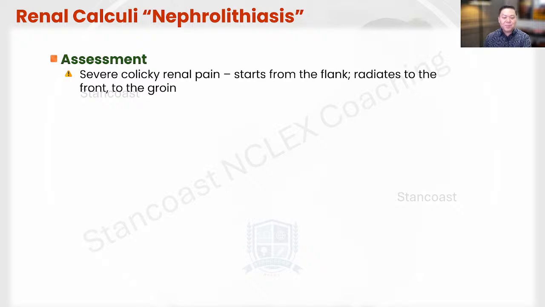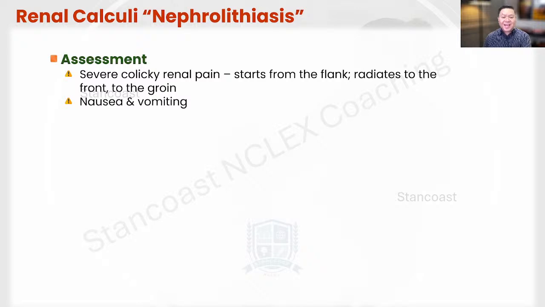This is a pain that is really associated with the passing of a kidney stone in the ureter. They can actually feel the movement of the stone, and so the pain will be based on that movement. And when this happens, the stone will really get lodged. It will obstruct the ureter, and it will eventually cause spasm.